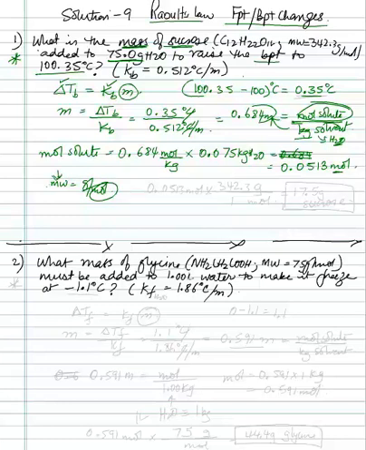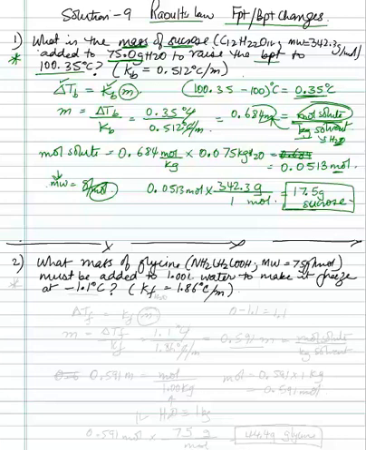So 0.0513 moles times, and all you have to do is a unit conversion, grams per mole, and we have 342.3 grams in 1 mole of sucrose, which is equal to 17.5 grams of sucrose. Which means to cause a temperature change of 0.35 degrees Celsius, you need to add 17.5 grams of sucrose to 75 grams of water. That's what it really means.